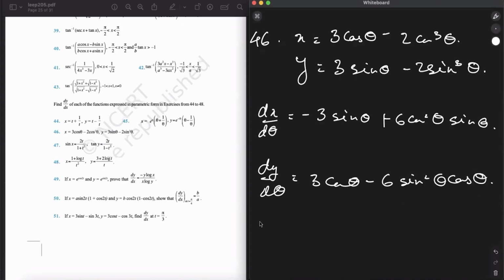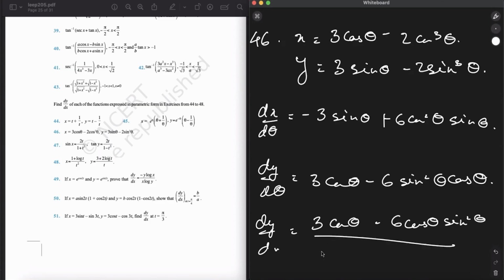So finding dy by dx, I'll get 3 cos theta minus 6 cos theta sin square theta whole divided by minus 3 sin theta plus 6 cos square theta sin theta. So simplify this term as much as possible and that will be your answer.